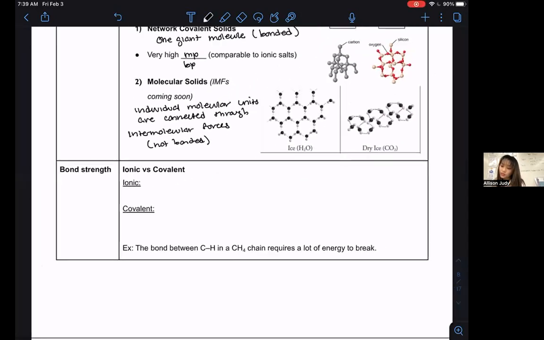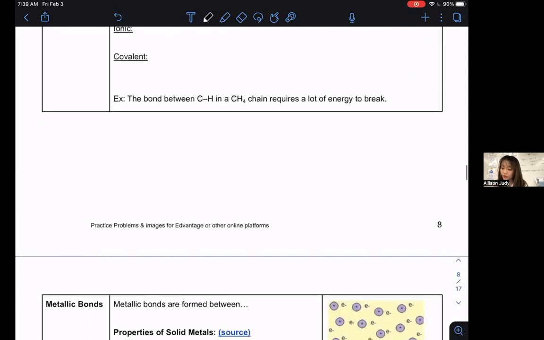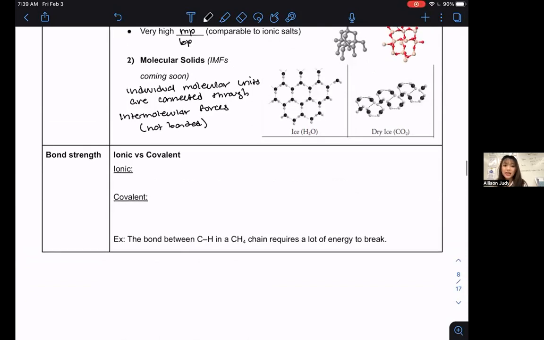So just a little overview on the ionic versus covalent, because that's where the AP focuses on. We don't really mess too much with metallic, though I will introduce a little bit about it. There's maybe a couple questions on the MCQ about metallic, but the big idea in terms of the main bond types that we're looking about, which is ionic and covalent, is that ionic, okay, generally speaking, is as a solid stronger.